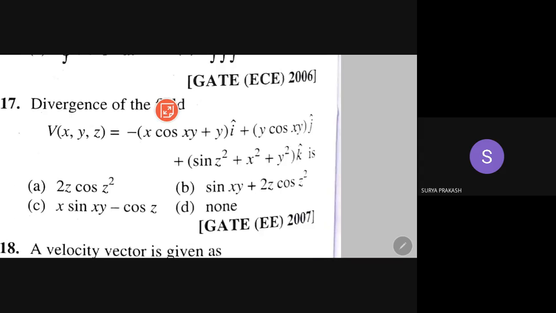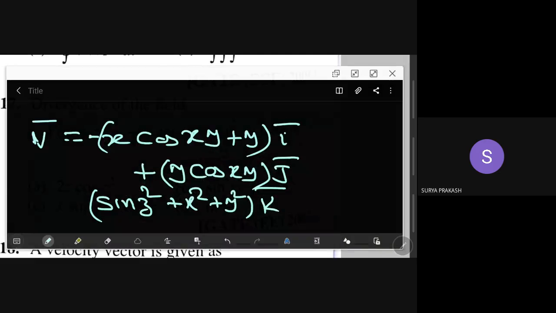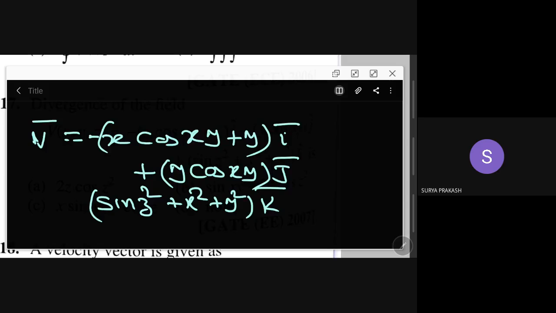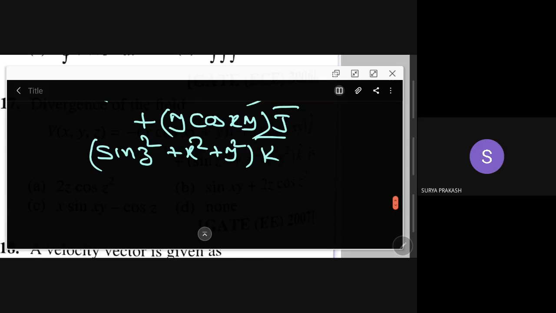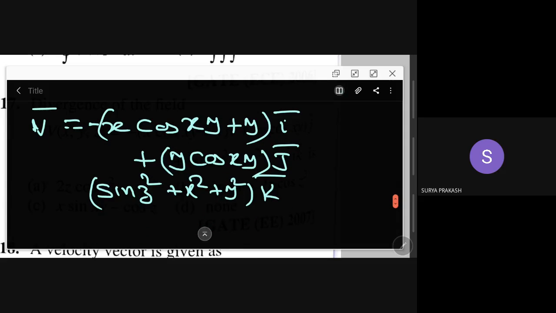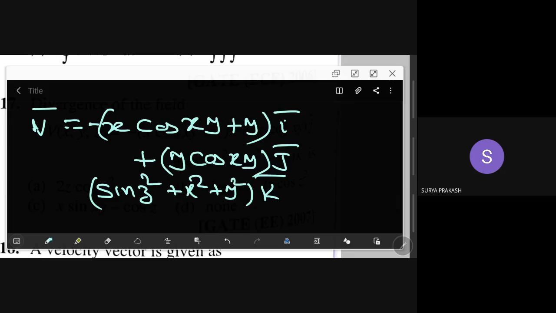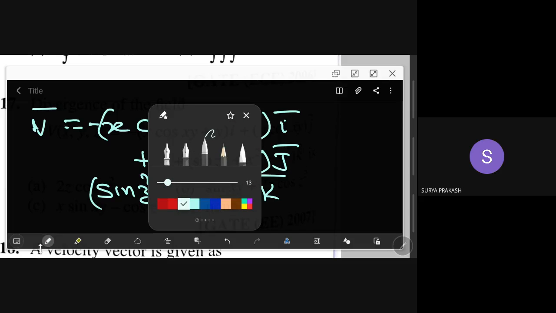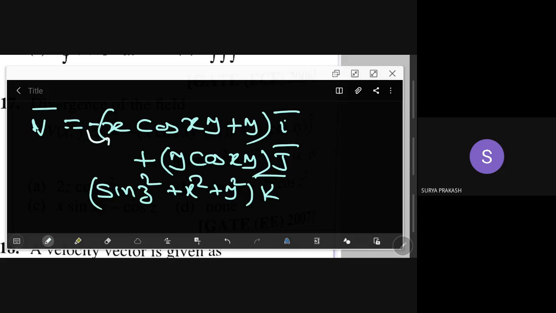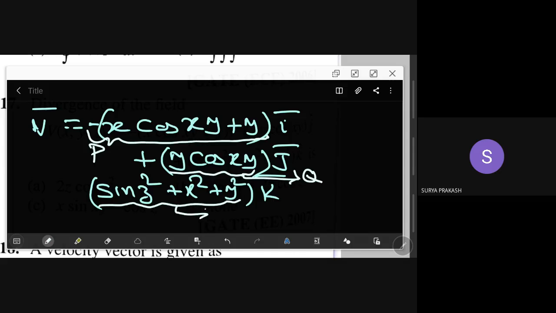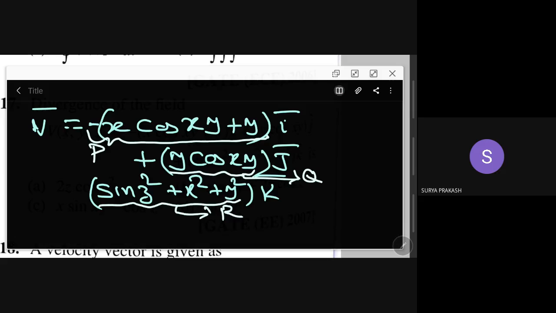Okay, right. Now we want to calculate divergence. Write the divergence formula. In short, you can treat this whole thing as P, this whole thing as Q, and this whole thing as R. So how to apply the formula?